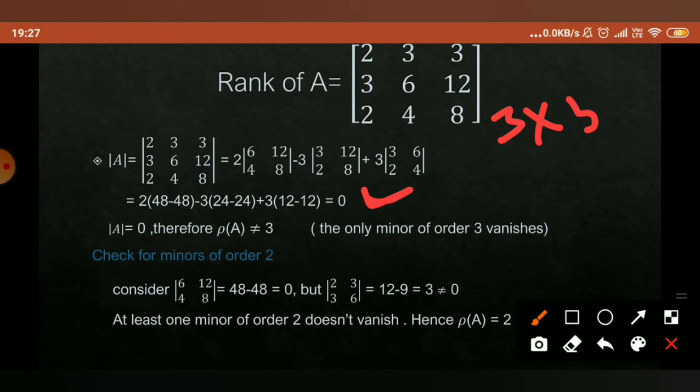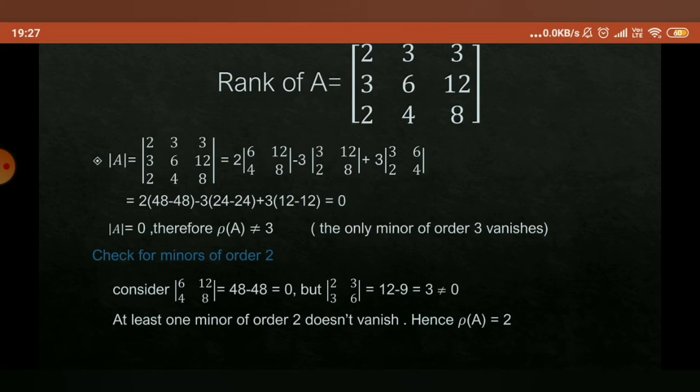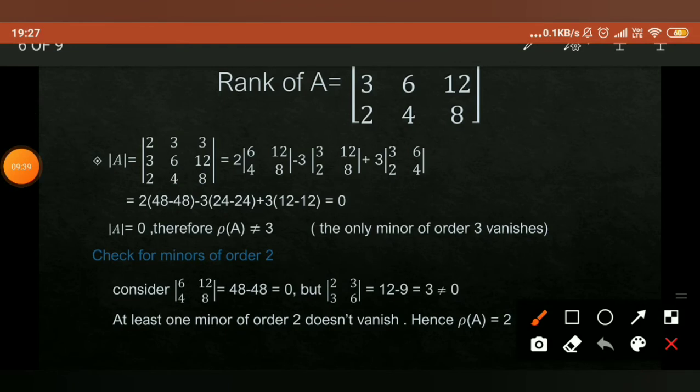So out of this matrix, you have to find a minor of order 2. There can be many order 2 minors, like the example I have taken here. You can consider this one. This is a submatrix, a square submatrix. Its determinant will be a minor of order 2.